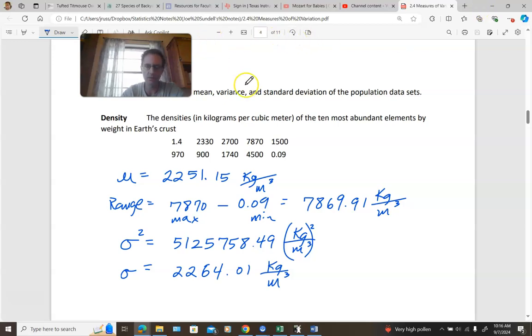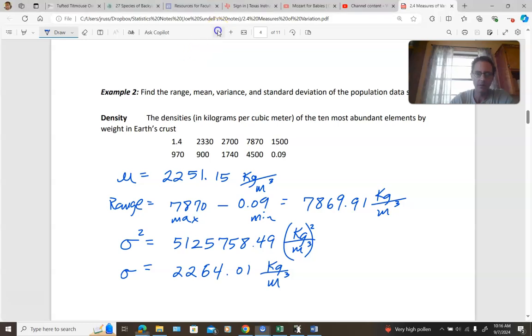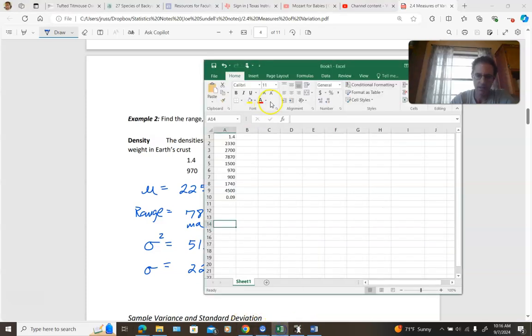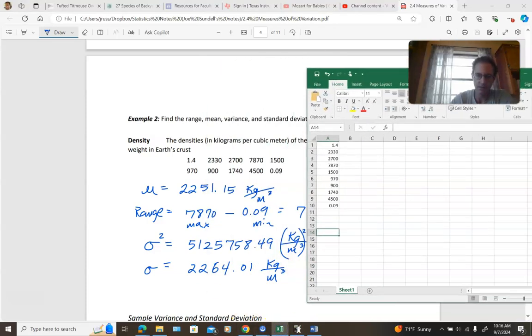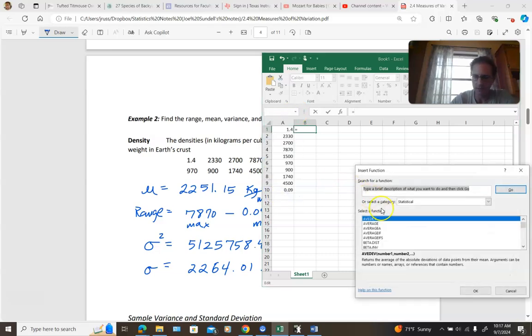We'll get some more practice later on. And I want to show you can also use Excel. I've got the data already in here in Excel. So remember we saw how you can select, I can say, okay, let's let B equal, and then I can come over here and I can find the mean if I wanted to.